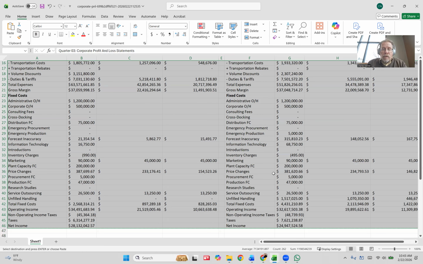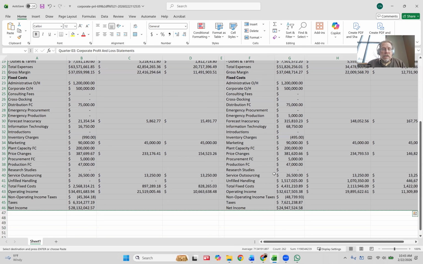If we go down below, let's look at some of these other costs that are different. You'll notice your forecast inaccuracy. There is a penalty for forecast inaccuracy. You picked up $300,000 in extra expenses because of it, which in the real world would typically be all the administrative expenses you would spend to expedite, manage, and talk to customers because you don't have enough.